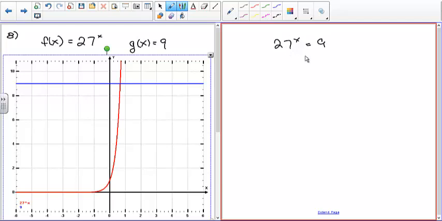Again, it's an exponential equation, so we use the inverse of the exponential, which is the logarithm. So you take the natural log of 27 to the x equals natural log of 9, bring the exponent out using the properties of logarithms, and divide both sides by the natural log of 27.